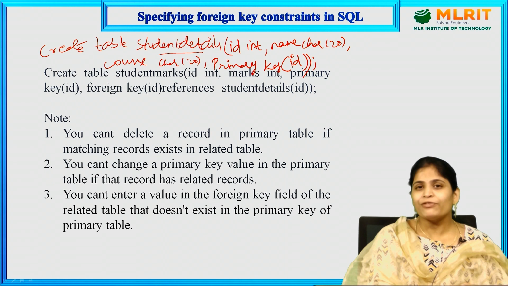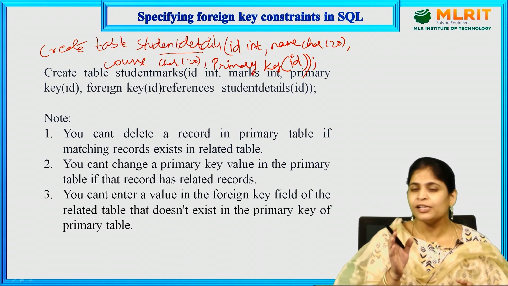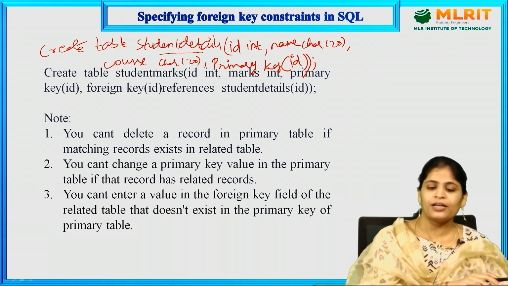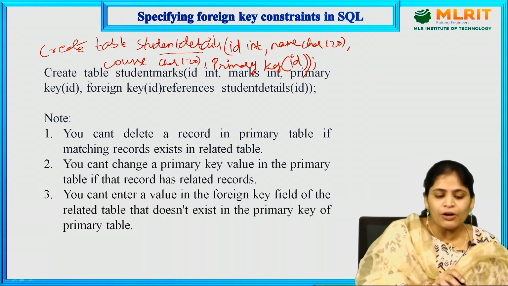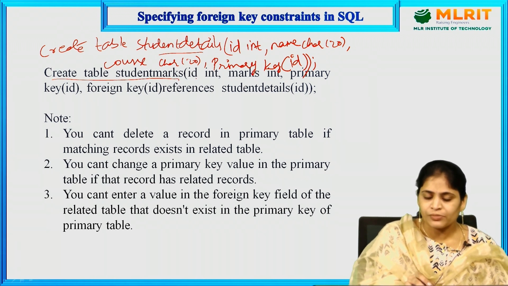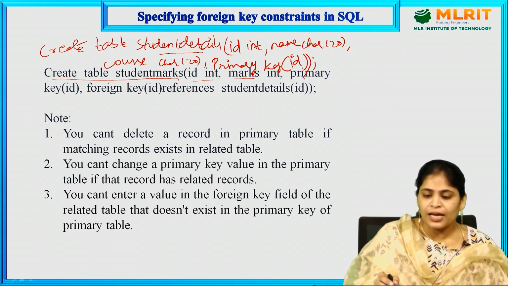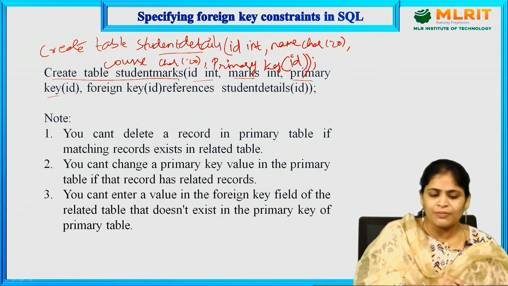Now, we have to create the table for student marks with the help of a foreign key. Why? Because we are relating the student marks table with the student details table. So, how do we create it? Create table student marks, which consists of attributes ID and marks, and here the primary key is ID.